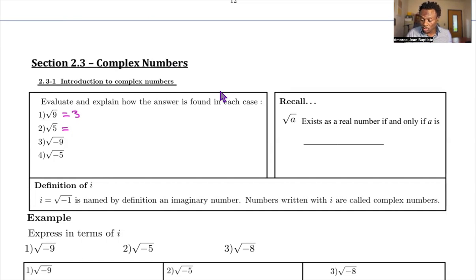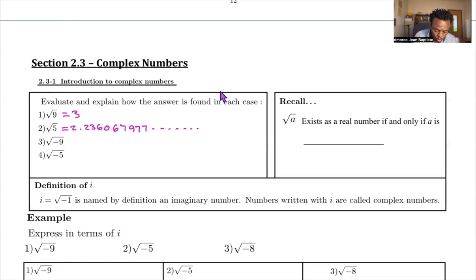The square root of 5 would be 2.23606797 and so on. It keeps going. So this is not a rational number, because it's not a repeating decimal and it's indefinite. It's not a rational number, but at least it's a number.